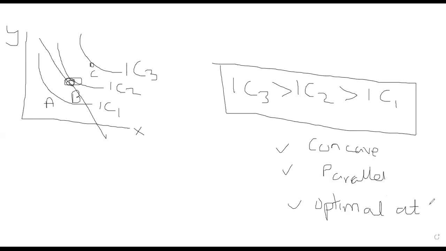This is where this budget line kisses our indifference curve. It is called the optimal bundle, where our marginal utility of x divided by the price of x will equal our marginal utility of y divided by the price of y. This is the point where we optimize our satisfaction.